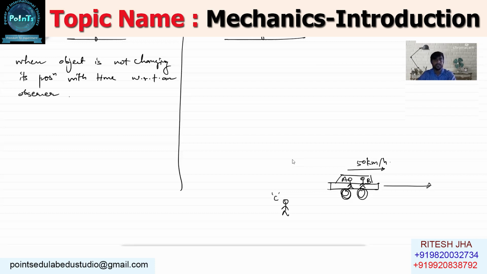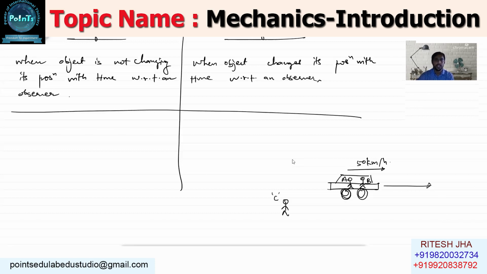Whereas when the object changes its position with time with respect to an observer, we consider it to be in the state of motion. So this is basically the relative phenomenon.